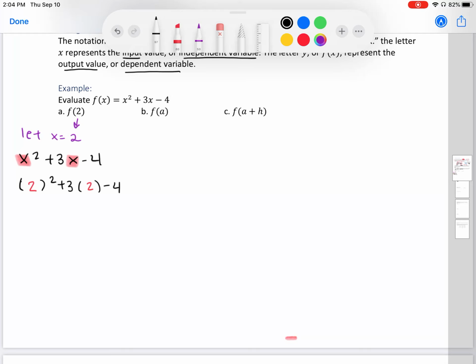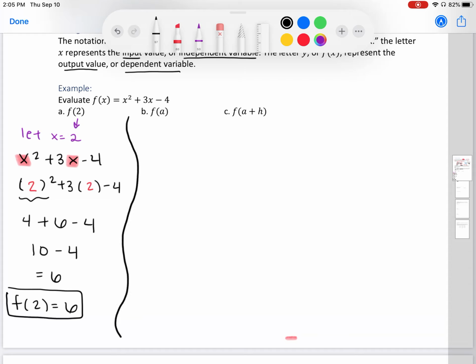From there, we just follow order of operations. So we first have to square. So 2 squared is 4, plus 6 minus 4. 4 plus 6 is 10, and 10 minus 4, we get 6. The way we write our answer is f of 2 is equal to 6. That is our answer.